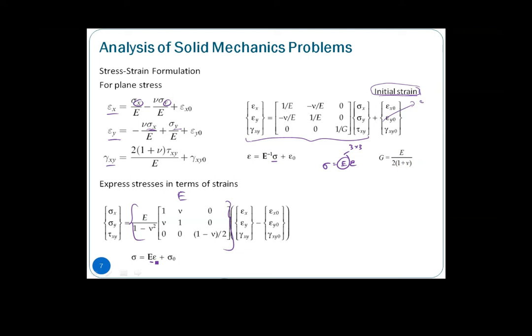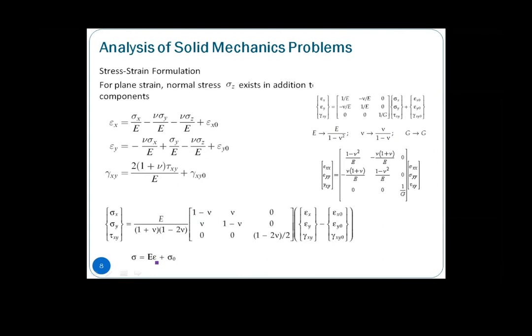So in terms of plane strain, all right. For plane strain, the conditions are that the normal stress sigma z exists in addition to the other three stress components. So what you have here under plane strain compared to plane stress is that you have to consider the contribution from sigma z. Basically there is no displacement in plane strain, that is, epsilon z is equal to 0, only.